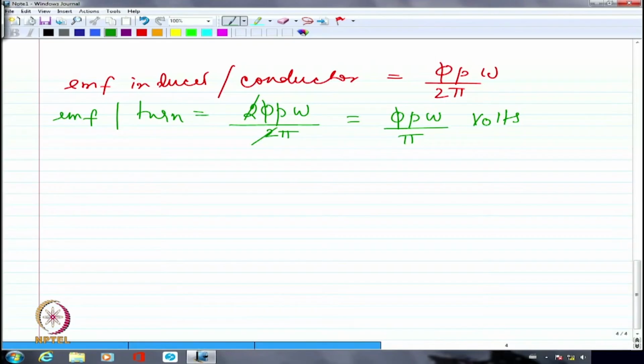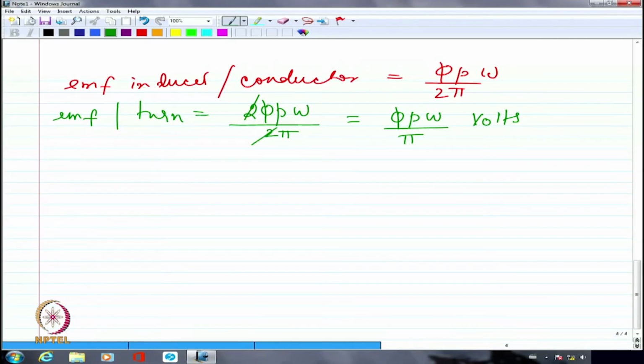Now I have to check whether all the turns are going to be connected in series, or whether some of the turns are connected in series and then in parallel, depending upon whether it is lap winding or wave winding. I am going to have different numbers of turns connected in series and in parallel.